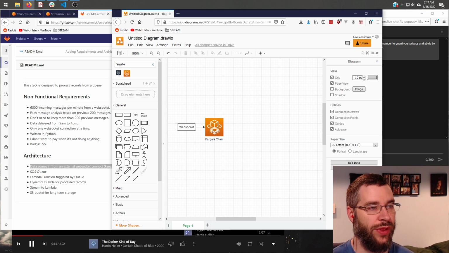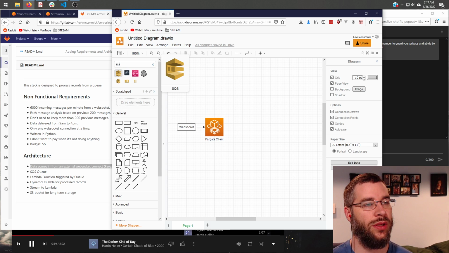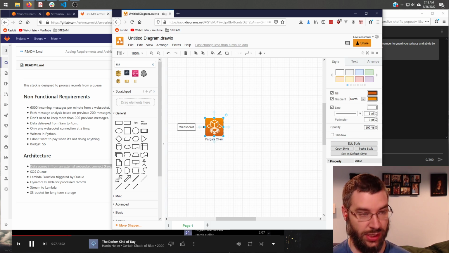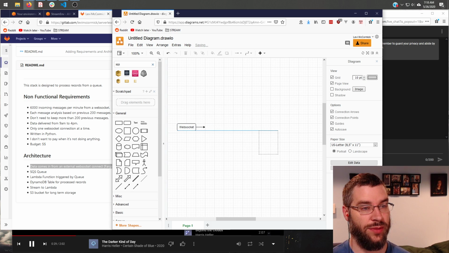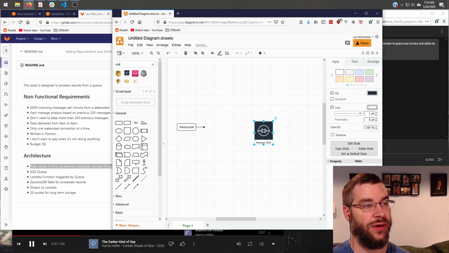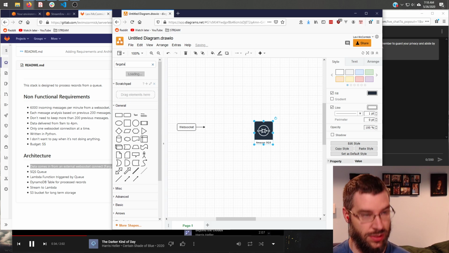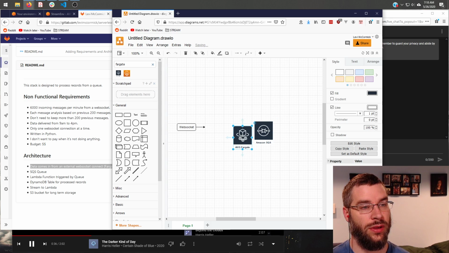That Fargate client will then consume those records and put them on a queue. Okay, I'm gonna second guess myself here. I'm starting to like these icons better. There they are.